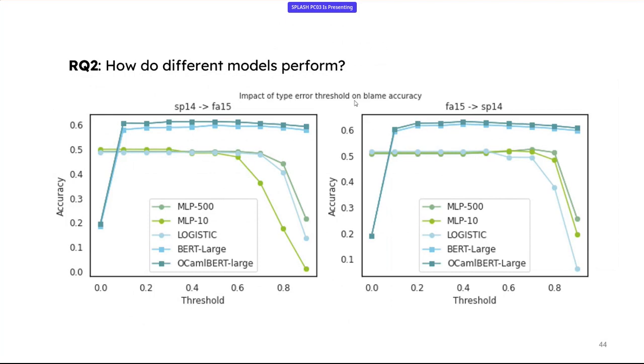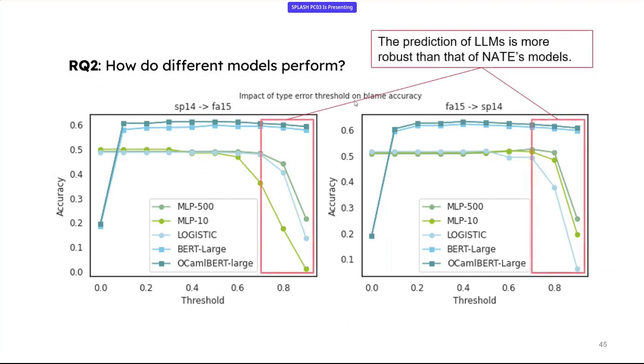When we increase the threshold of the prediction, we see that the naive model, which is also a data-driven machine learning model, is not robust. There is a huge accuracy drop here, but our language model seems to be very confident. So its predictions are very robust, meaning the model is very confident about its own prediction.